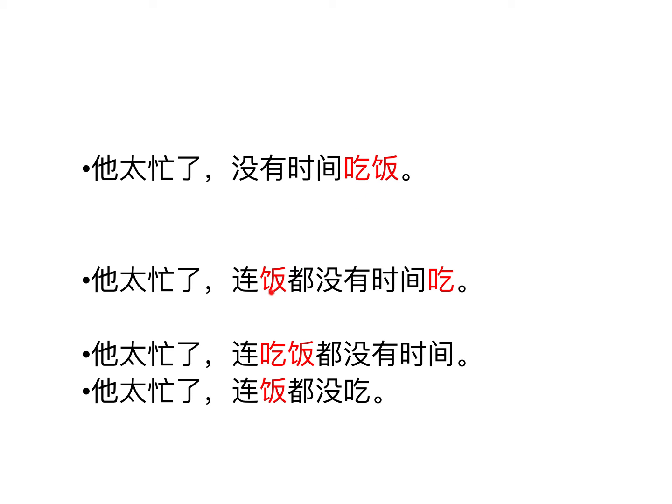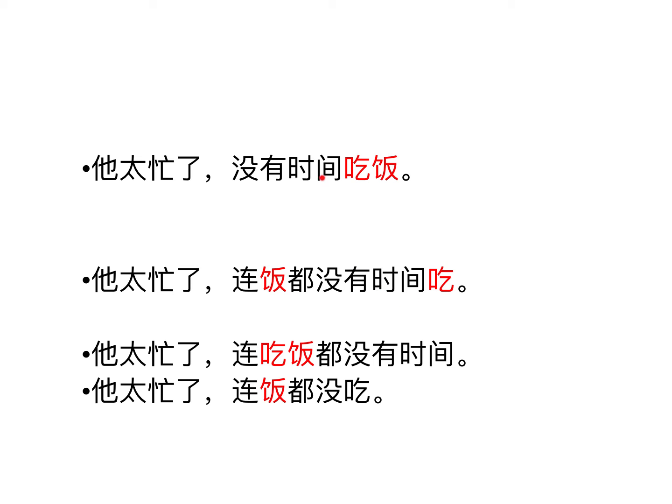We move it after 连 and we put the rest after 都 to serve as a verb phrase. 连饭都没有时间吃。So in this sentence, because you have 没有时间, you can treat 吃饭 as a whole object. So you can also say 他太忙了，连吃饭都没有时间. This is only because you have 没有时间 here.